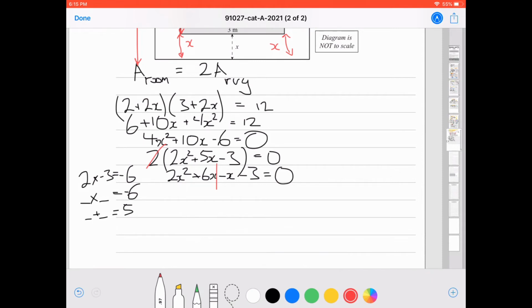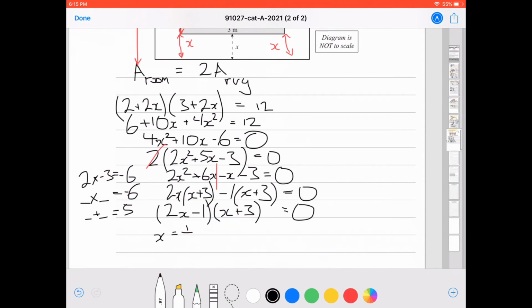And on our right-hand side, minus 1 and x plus 3, and it's already been said, but if these two sets of brackets are the same, then you know you're on the right track here. So 2x minus 1 and x plus 3 equals 0. And let's not take the time to write out each individual equation. We can go ahead and say x equals 1 over 2 or negative 3.